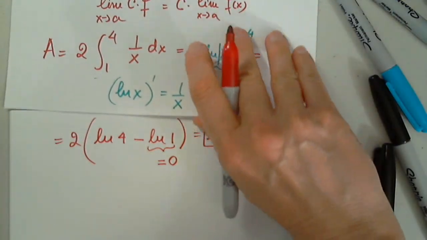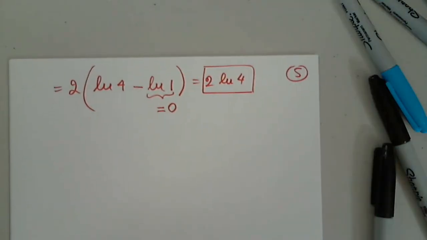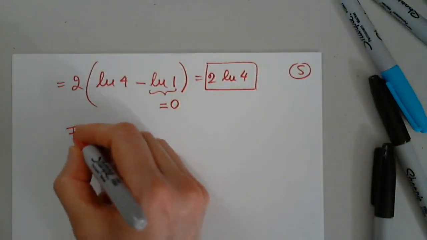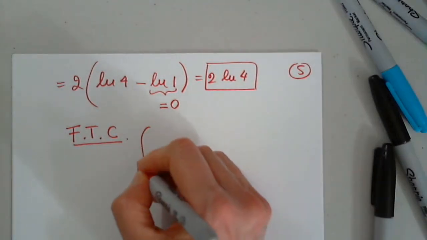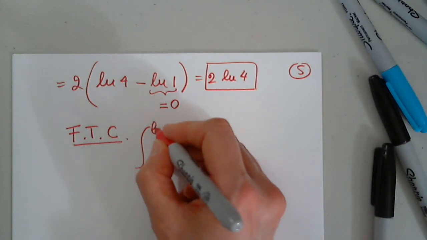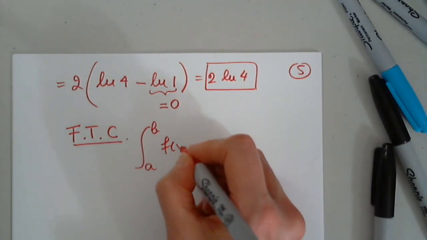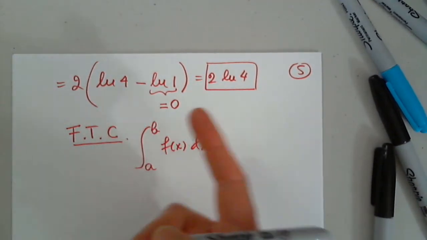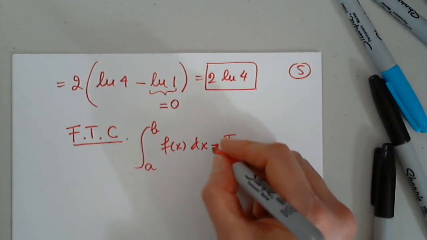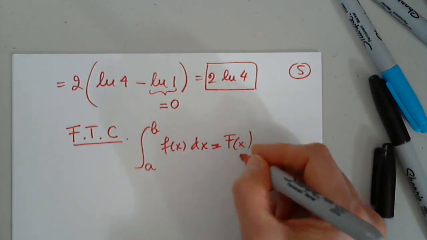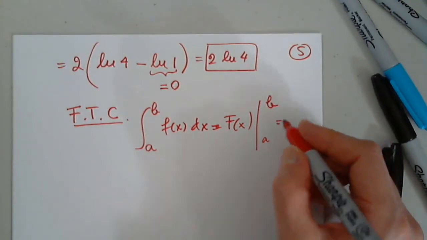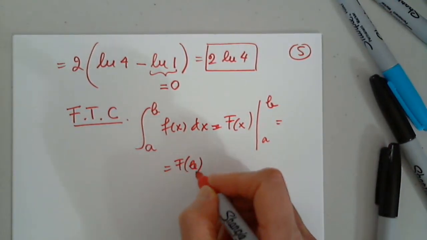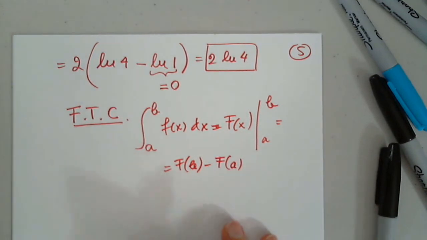So one comment for the fundamental theorem of calculus. What am I talking about? What we looked at last time. The integral from a to b of f of x dx, this is what we just used here, is the antiderivative evaluated from a to b. So, of course, this is F of b minus F of a. Why am I writing this one more time?